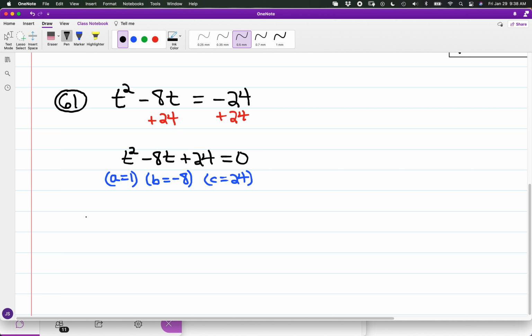Now we're solving for a different letter, t as opposed to x, and upon utilizing the quadratic formula, we still have the same premises applied for a, b, and c.